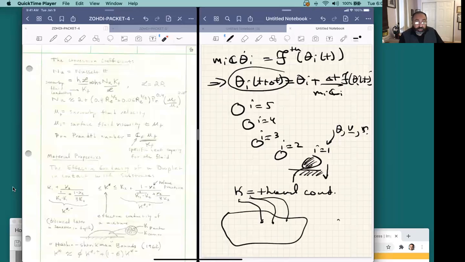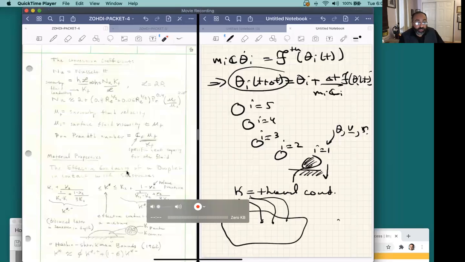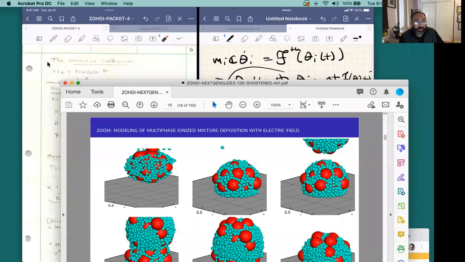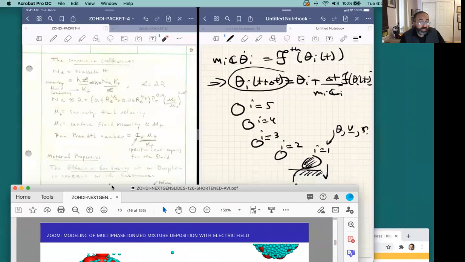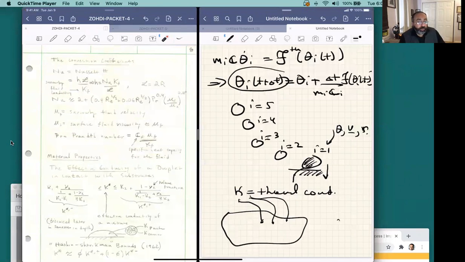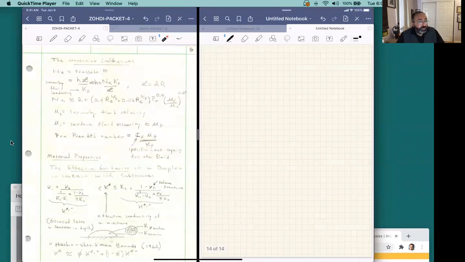Now, our problem is that when we start to look at these blobs of material, they're a giant messy mixture of all kinds of stuff together. In other words, when we're looking at the pictures of this stuff and we're treating this as one big blob, it's nothing but one big blob. It's a mixture of all kinds of different materials. So usually what people do is they come up with what they call effective medium theories.